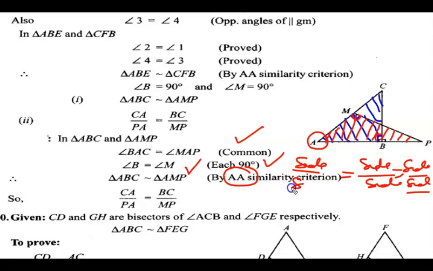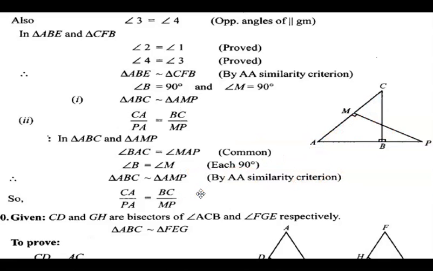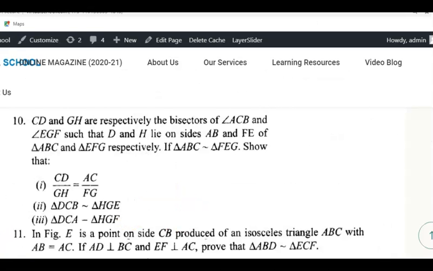So side upon side, but only two are asked, so we go with only two. So this is how you can do this part also. Now again, you note down very carefully. So the next question will be starting in our next video.